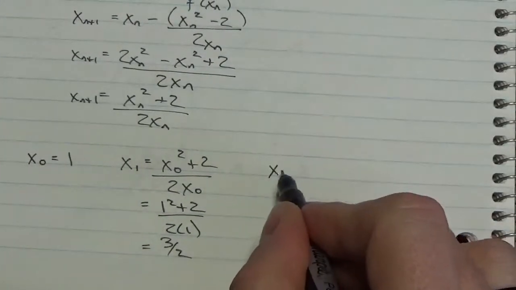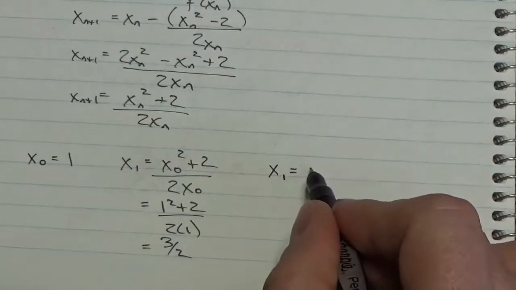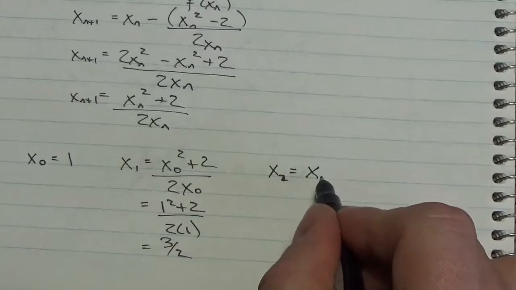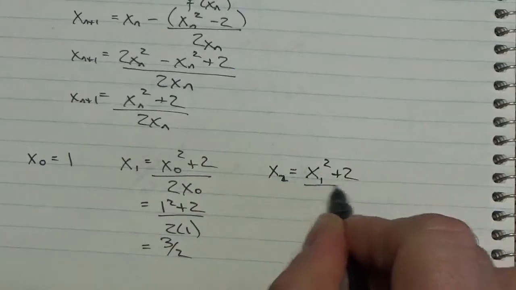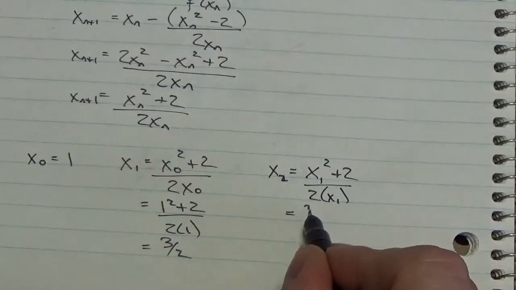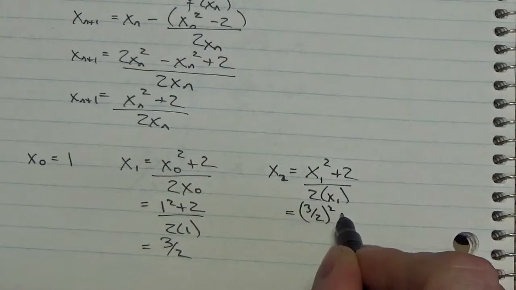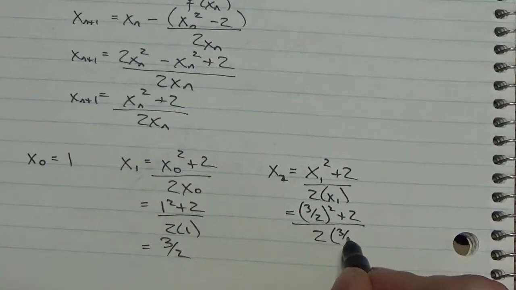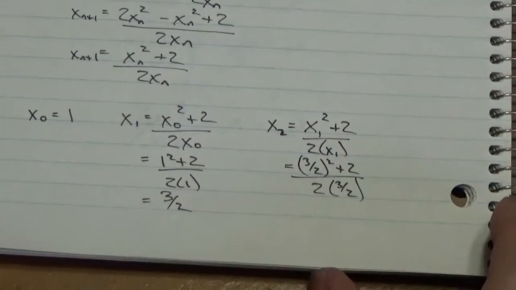So x2 is going to equal x1 squared plus 2 over 2 multiplied by x1. So it's going to be 3/2 squared plus 2 over 2 multiplied by 3/2.